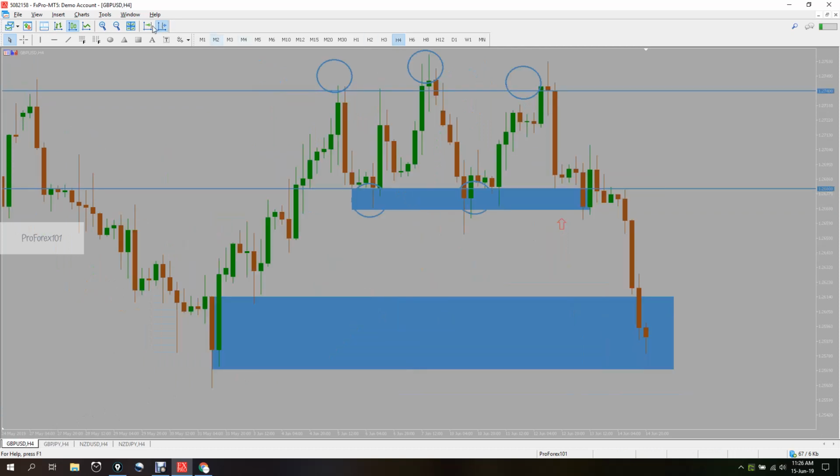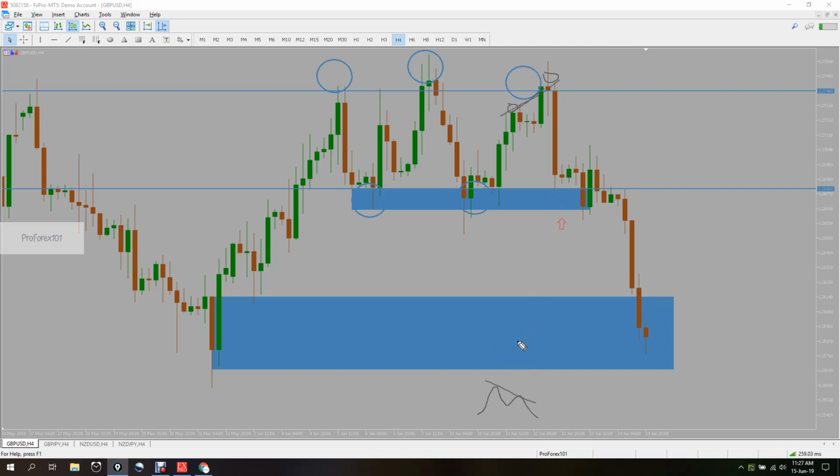So these type of setups, I guarantee you, if you were following a divergence, you will see a divergence happening on your indicators on these areas. See, you get a higher high, and at the same time, if you had stochastics, you'll have a high and a lower high on this one.